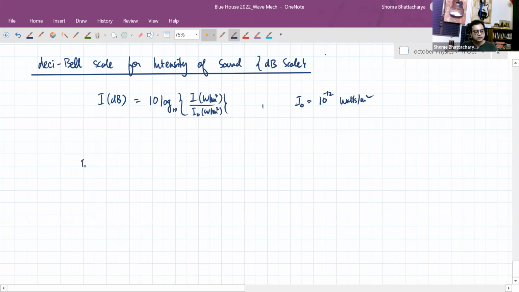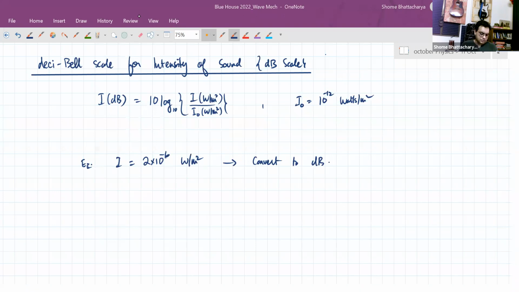So for example, if the intensity is, let's say, 2 into 10 raised to the power minus 6 watts per meter square, now you want to convert to decibels. So you want to convert to decibel scale.